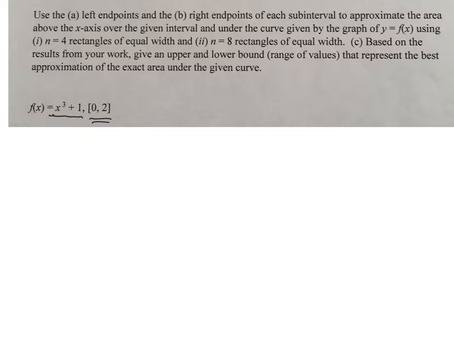Now, in looking at the instructions, there's a lot of detail here, and we'll pick through it as we go. But we're to use left endpoints. Well, part A will be left endpoints, and then we'll shift, and part B will be right endpoints. I'll explain further what that means. Of each sub-interval, well, 0 to 2 is the overall interval.